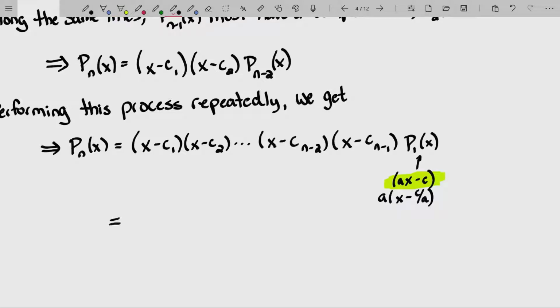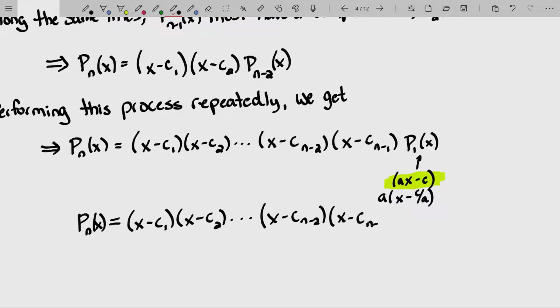And so when we do that, we get the following result for our nth degree polynomial. It's x minus the first 0 times x minus the second 0 all the way down the line to x minus the n minus second 0, x minus the n minus first 0, and x minus the nth 0. And then we factored out of all that, which I forgot to do, an a all the way out front.